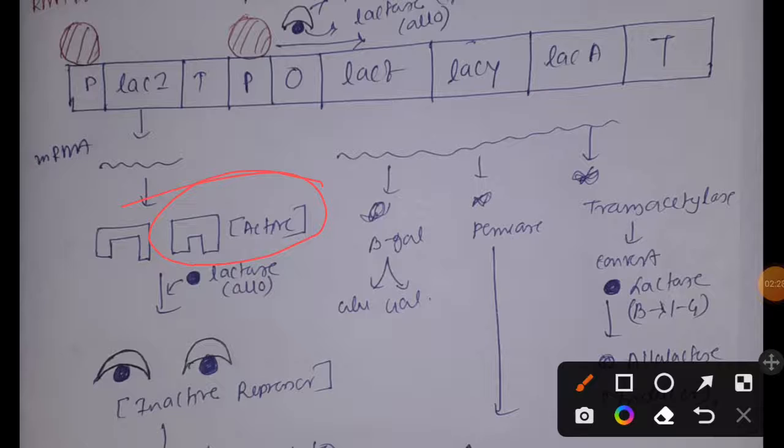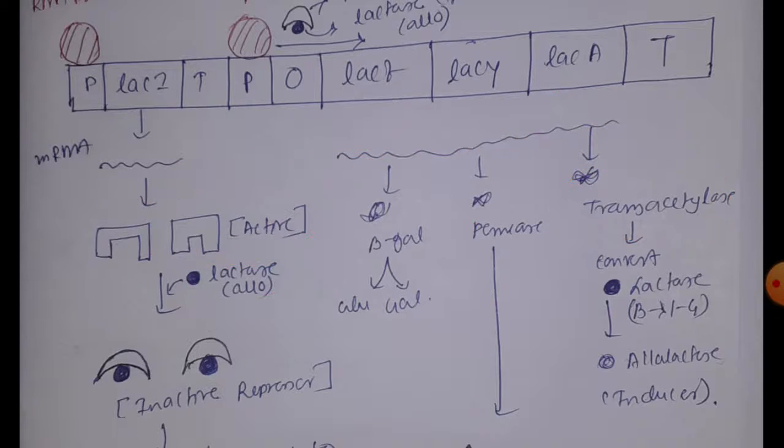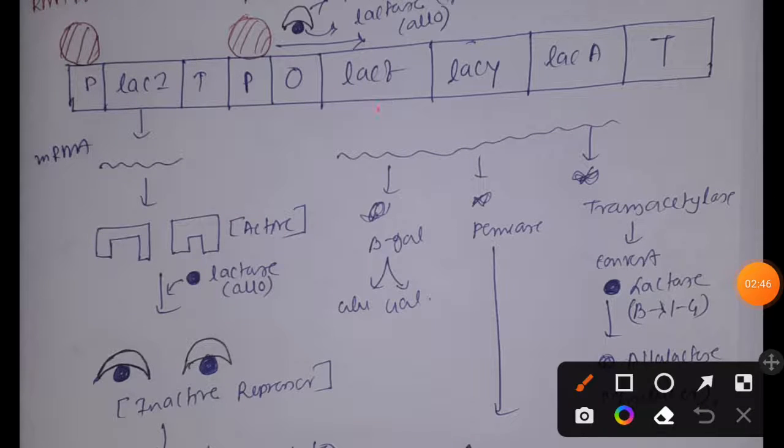and via that it will lead to the formation of active repressor initially. Okay, but whenever lactose is present in the medium, remember there is a small amount of trans-acetylase present in the environment before the lactose operon starts. Okay, that means a small amount of synthesis of beta-gal permease and trans-acetylase is going on, although the lac operon is off.